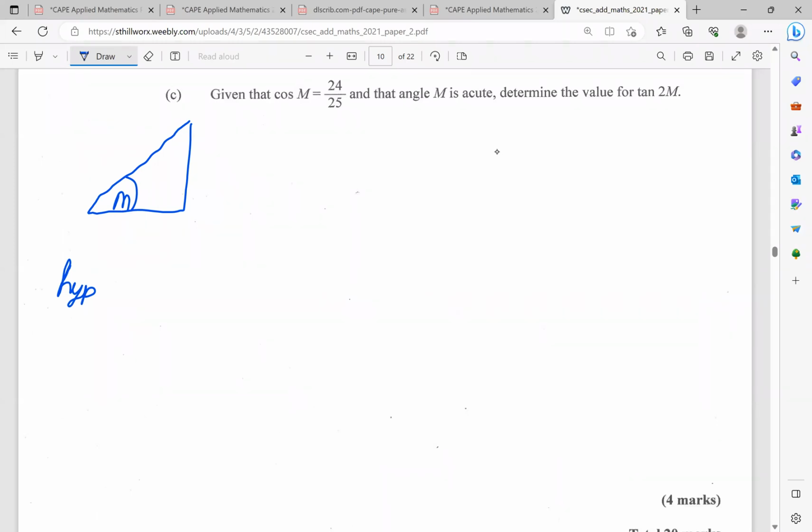Cos is adjacent over hypotenuse, 24 over 25. So that means the opposite side is the square root of 25 squared minus 24 squared, Pythagoras' theorem, which is the square root of 49, which is 7.